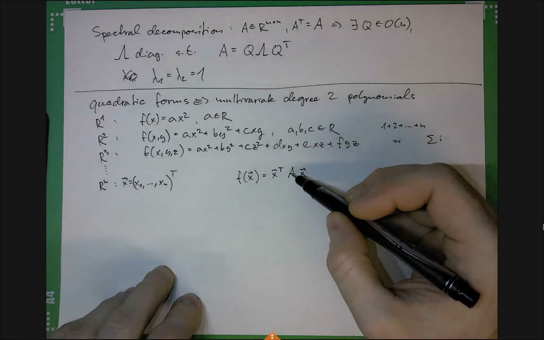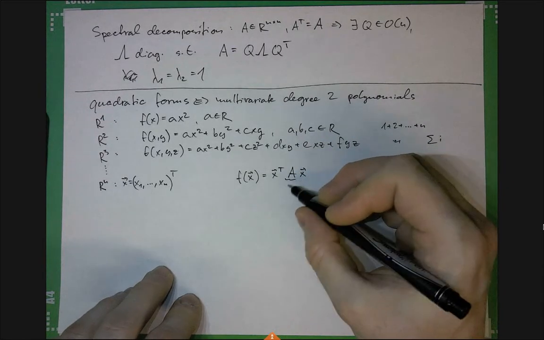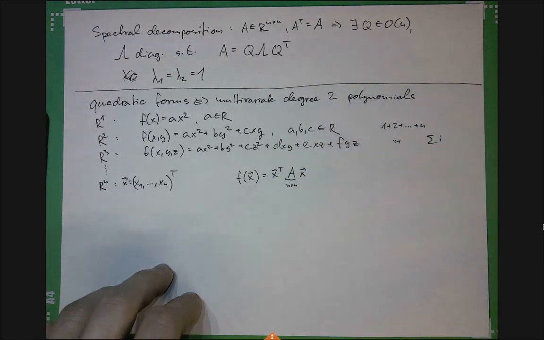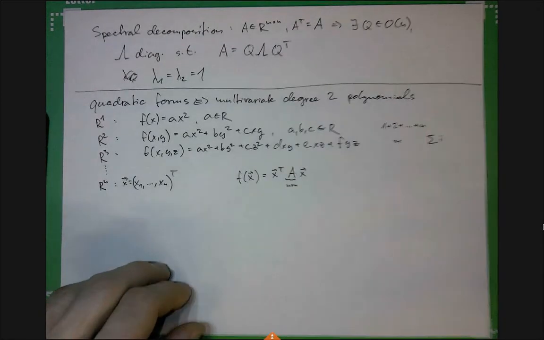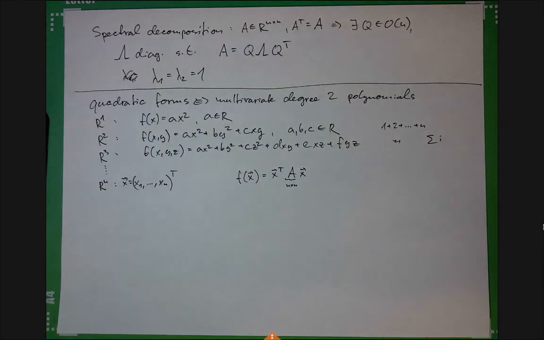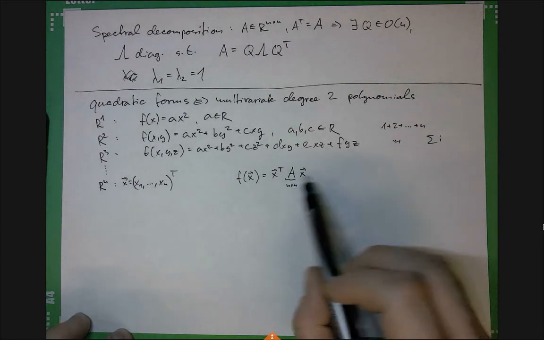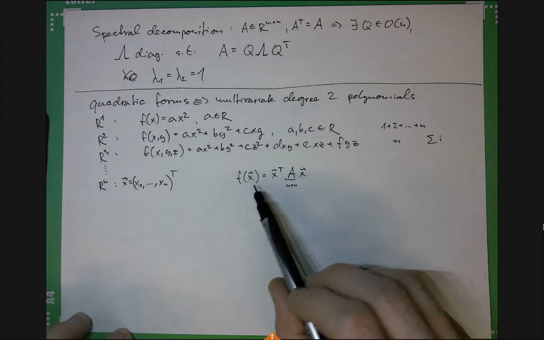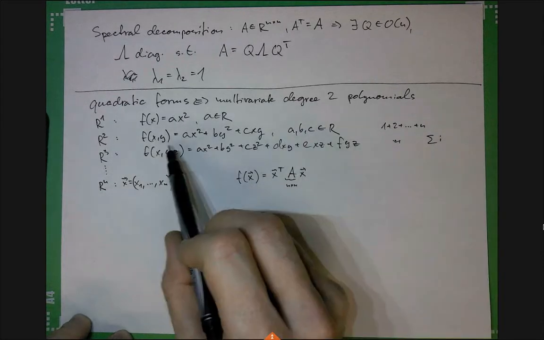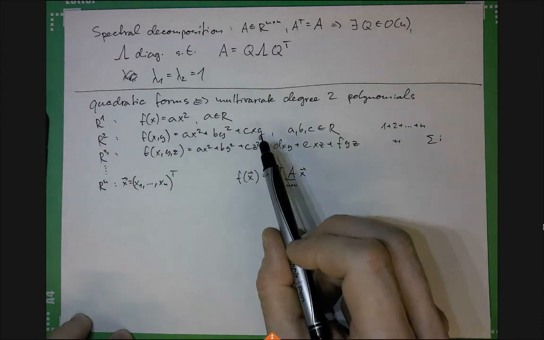So I take a matrix, guess what dimension, n by n matrix, right? And this is the general form. If x was a 3-dimensional vector, I would get exactly this. If it was a 2D vector, I would get exactly this.